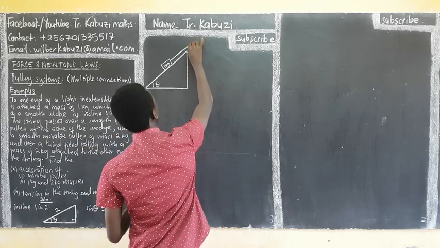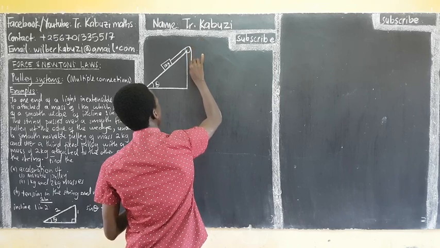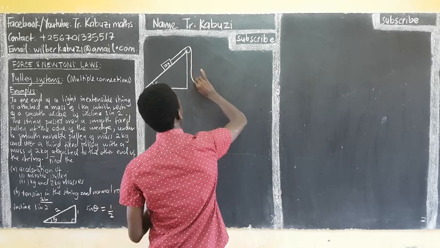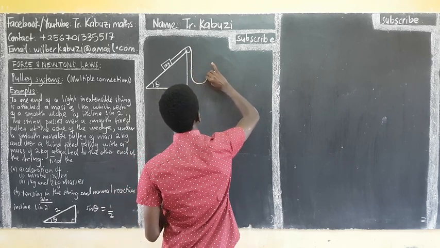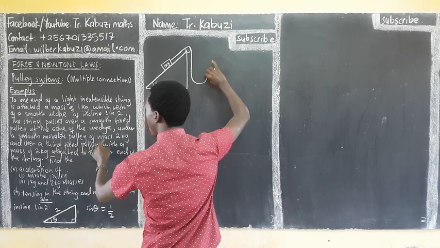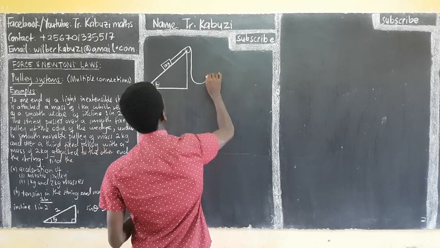So they are telling us this one will come now and then it will pass under a smooth movable pulley of mass. So this pulley is of mass.